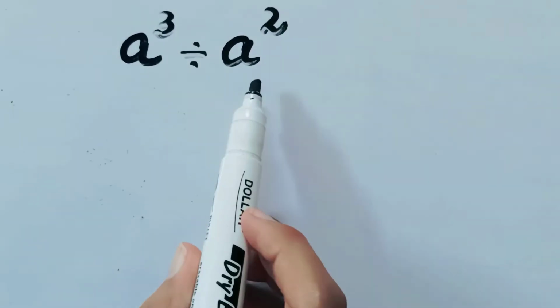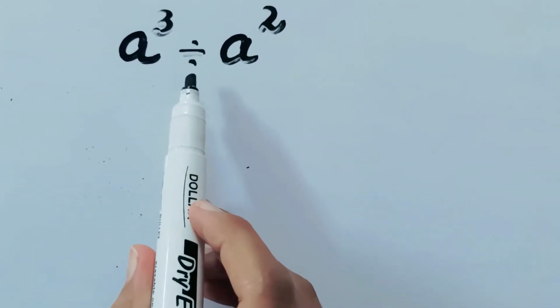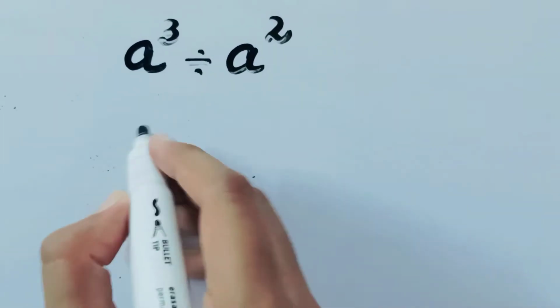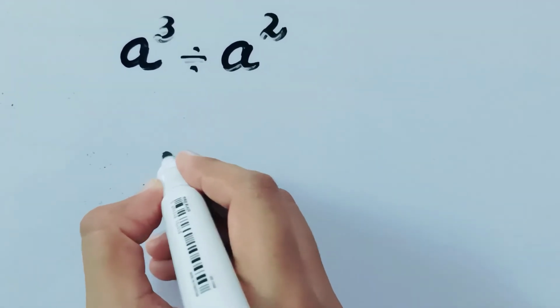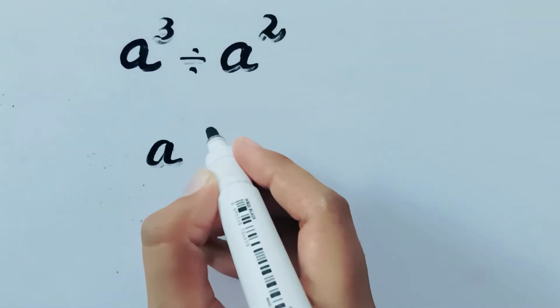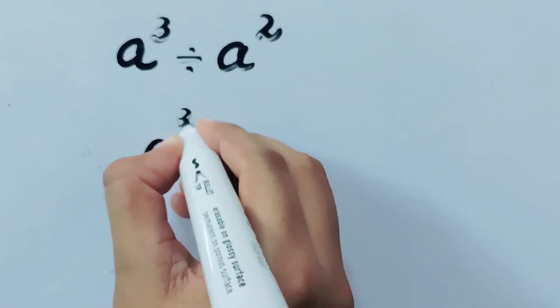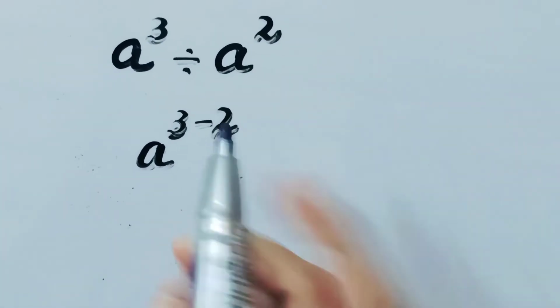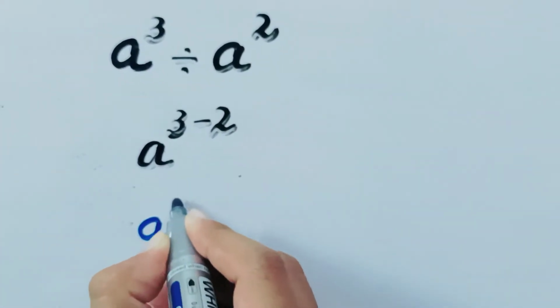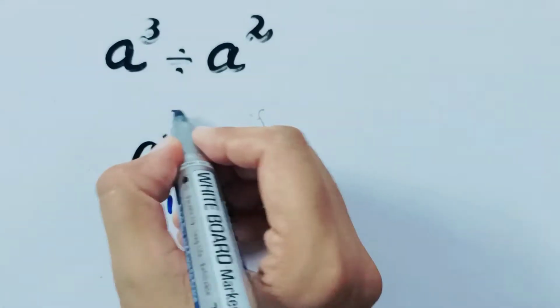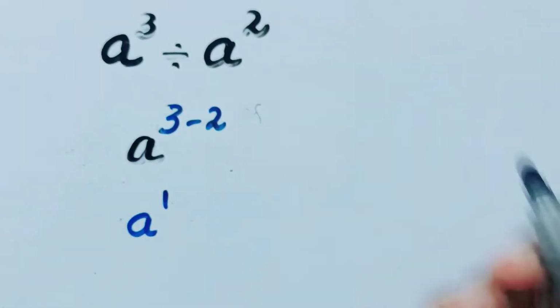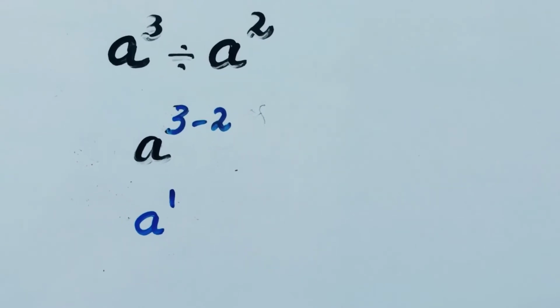If I have the same bases and there is a sign of division, then simply I will write it like this. Write the base one time and subtract our exponents, 3 minus 2. It will be equal to a raised to power 1. 3 minus 2 is equal to 1. So this is my third law.